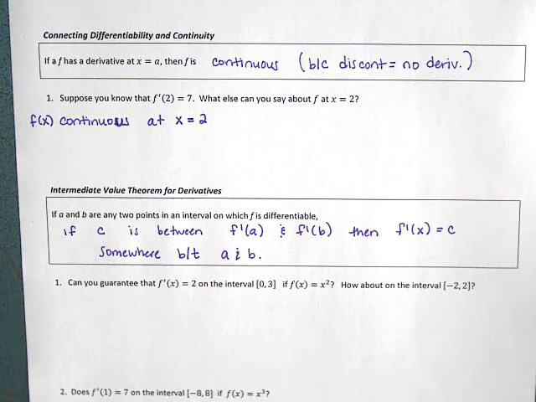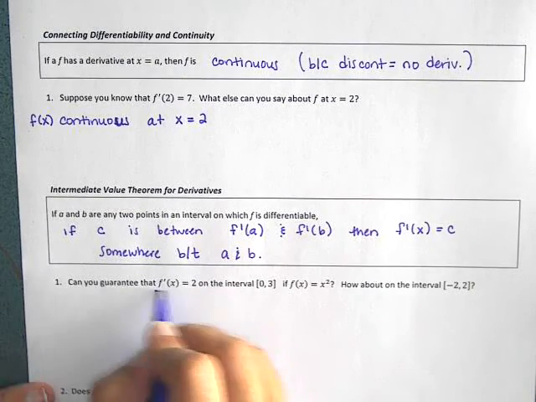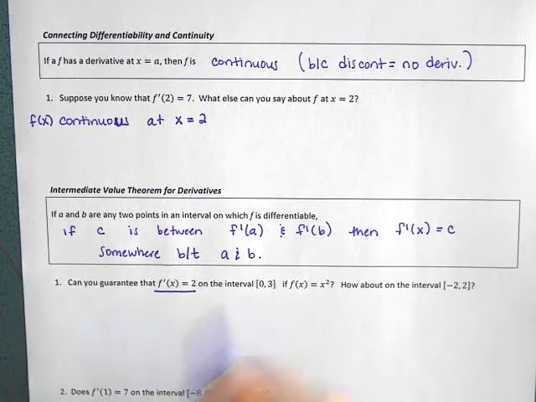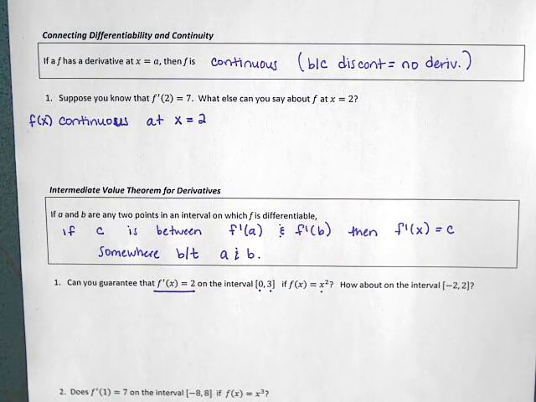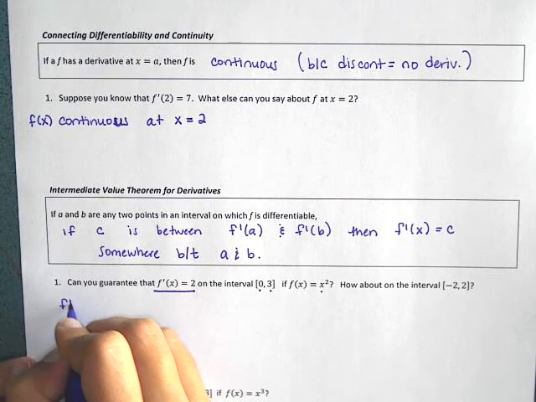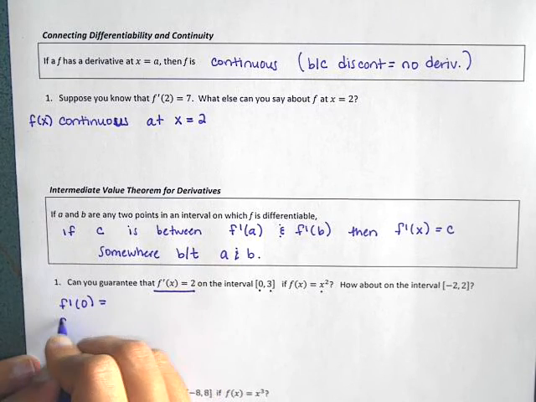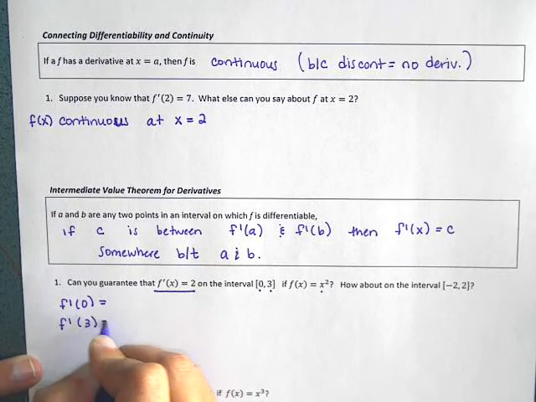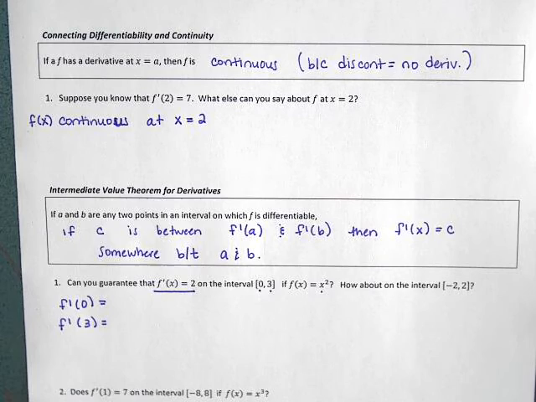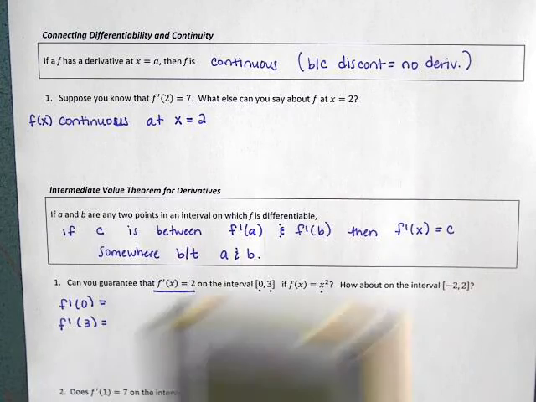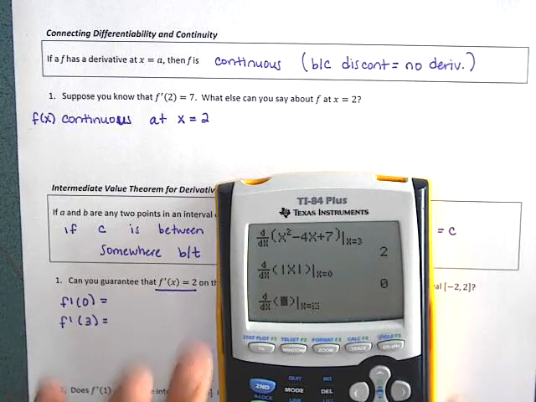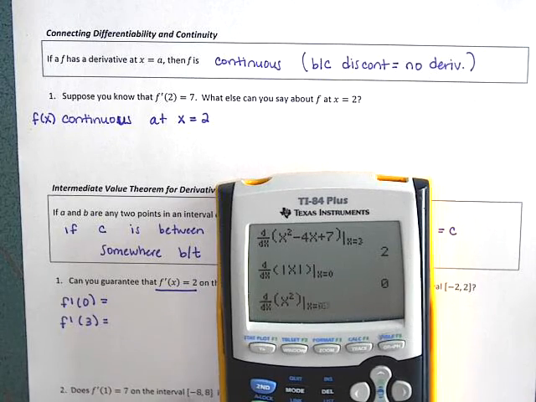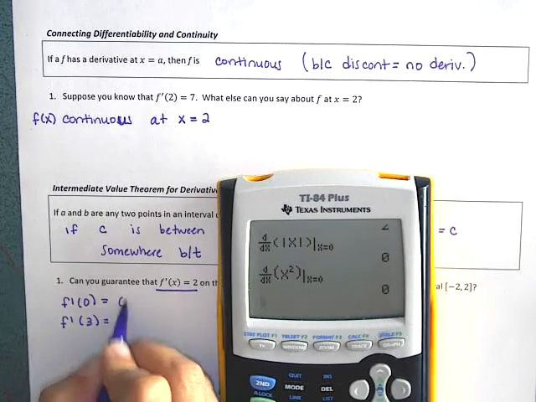Here's how we use that. Can I guarantee that the derivative ever equals 2 between 0 and 3 for this function? Well, let's check. What is the derivative at 0 and what is the derivative at 3? Let's see. Using my calculator, because it can do that now, math option 8, my function is x squared. I'm going to find the derivative at 0 and I get 0.